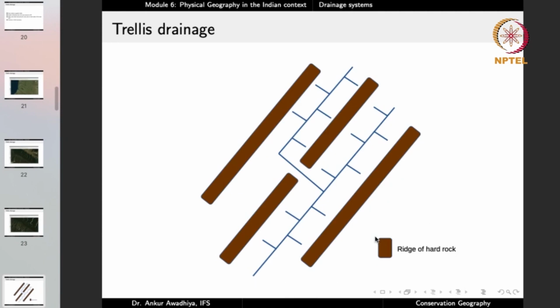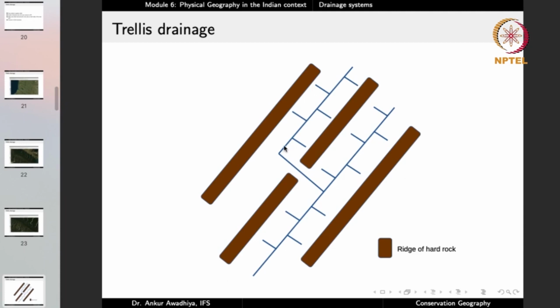Now why does trellis drainage arise? It arises when you have an area with hard and soft rocks. Now if you have hard rocks like this, then the river is not able to cut through them. So the river has got no other option but to run parallel to these rocks. Now if these rocks are parallel, the streams will move like this.